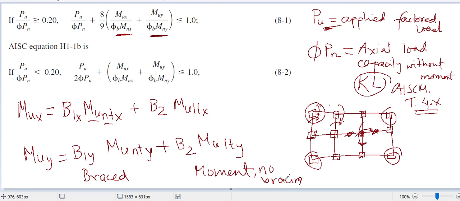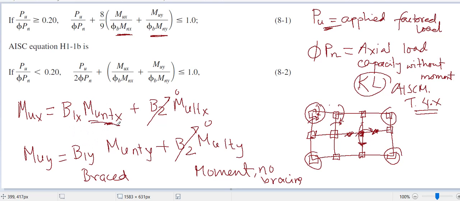If your frame is a braced frame, that means B2 is 0, so this portion is 0. If it is a braced frame, that means it is no translation, that means this is our case.